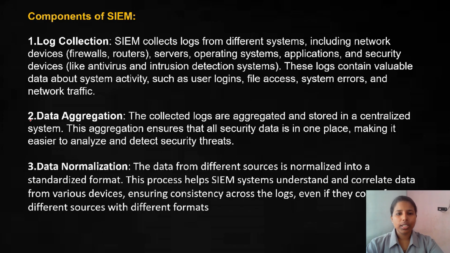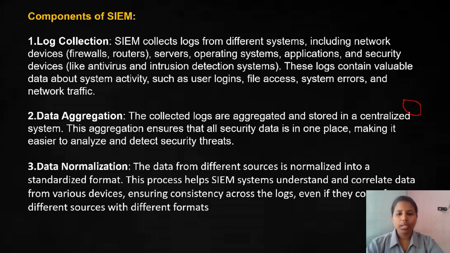Second, it is about data aggregation, which means the data collected through log collection is stored in a centralized area, so we can get everything in one place. This aggregation ensures that all the security data is in one place and makes it easier to analyze and detect security threats. And next is data normalization.